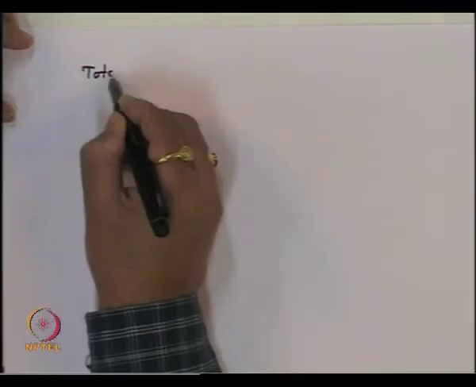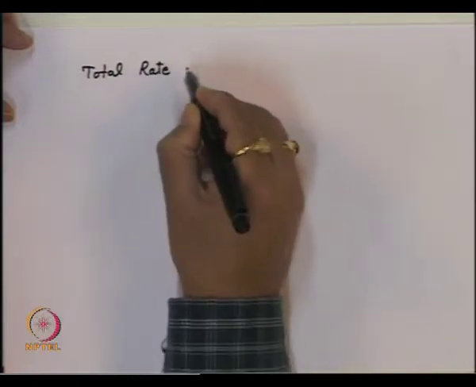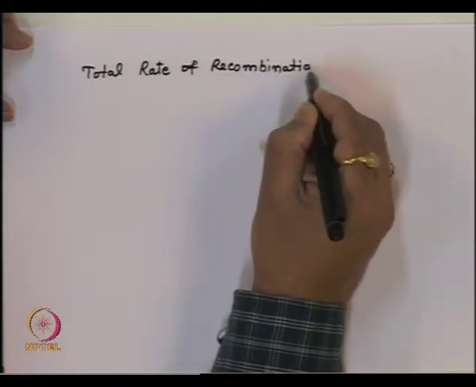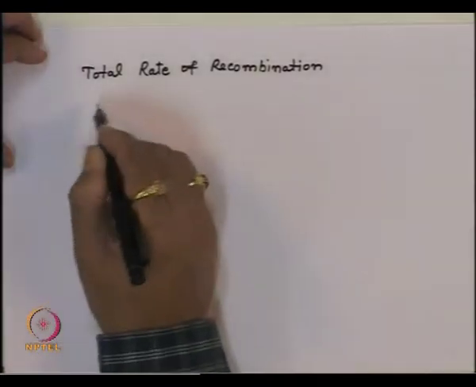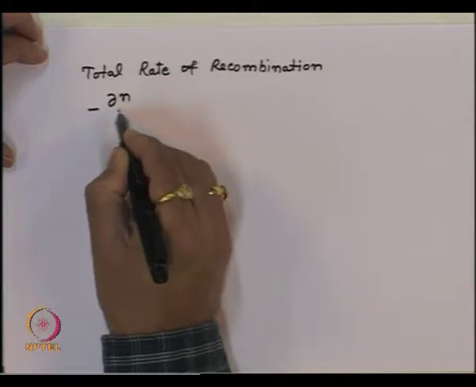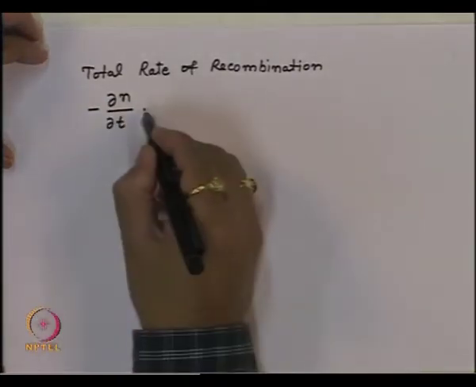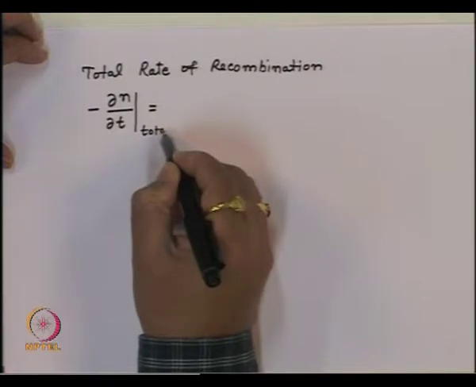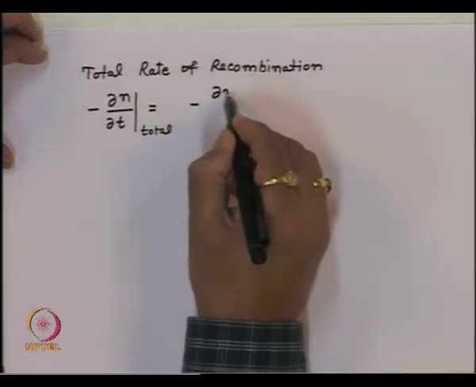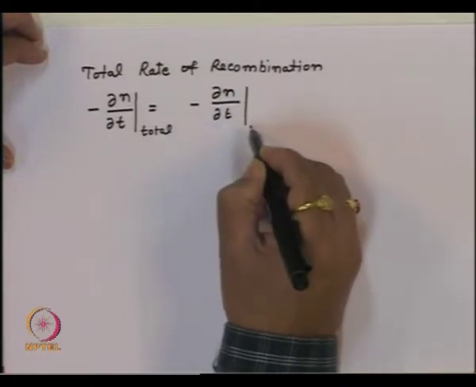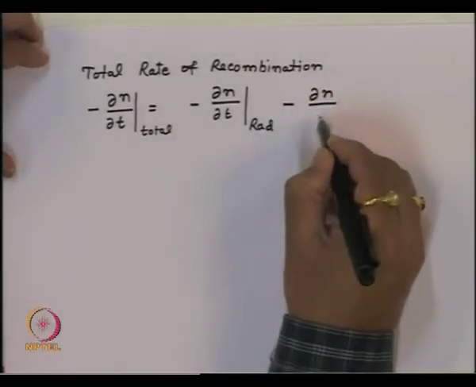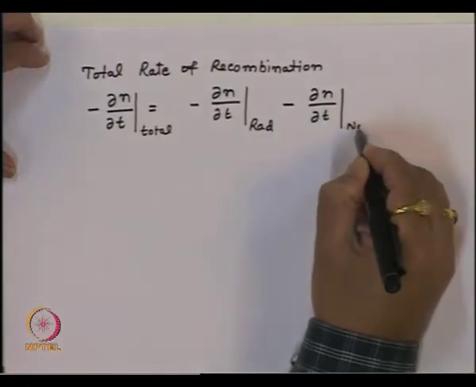So, we can say here now that the total rate of recombination, that is minus dN by dt total, is equal to minus dN by dt due to the radiative process minus dN by dt due to the non-radiative process.